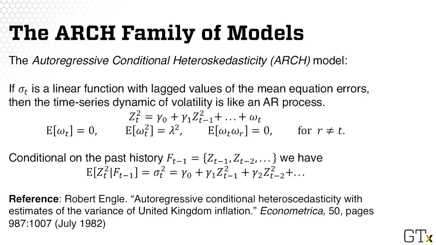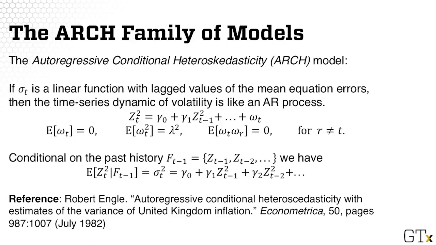In introductory statistics courses, it is often mentioned that independence implies zero correlation, but not vice versa. A process such as the ARCH process, where the conditional mean is constant but the conditional variance is non-constant, is an example of an uncorrelated but dependent process.